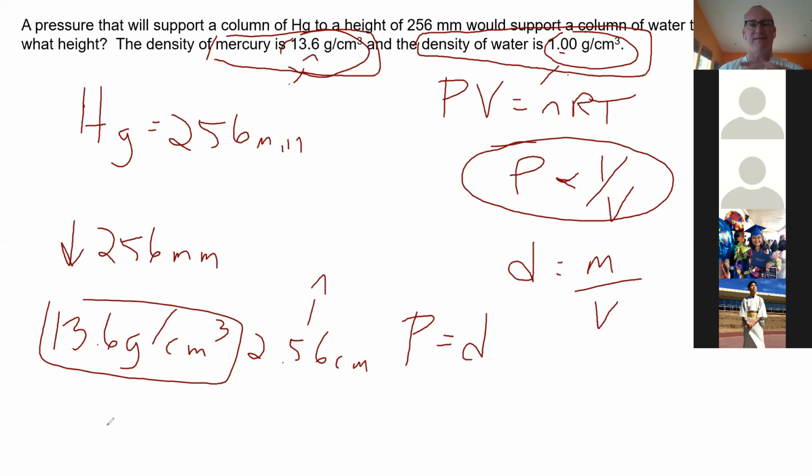So if that same pressure acts on something 13.6 times less dense, will it push it 13.6 times higher or 13.6 times lower, do you think? I mean, if mercury was half as dense, would it be pushed twice as high or half as high?